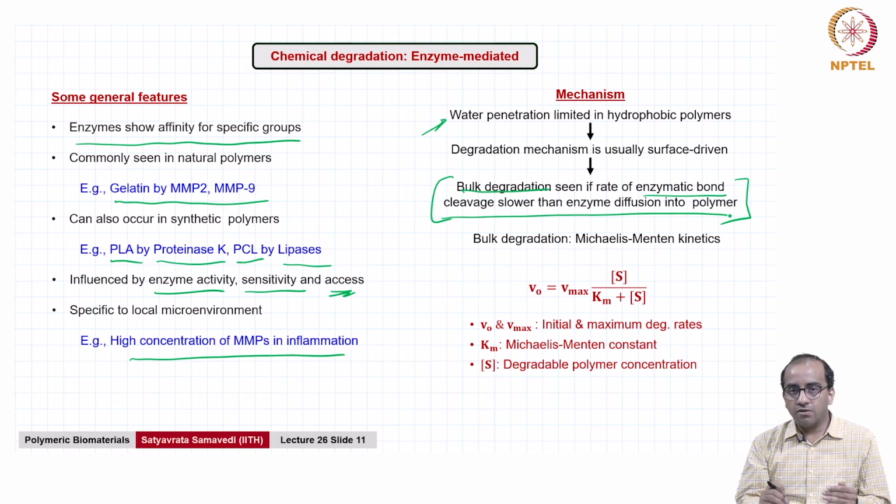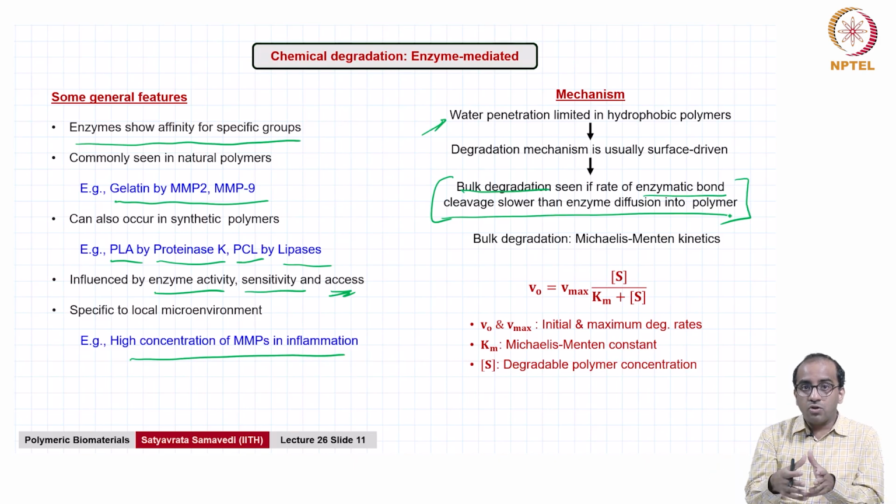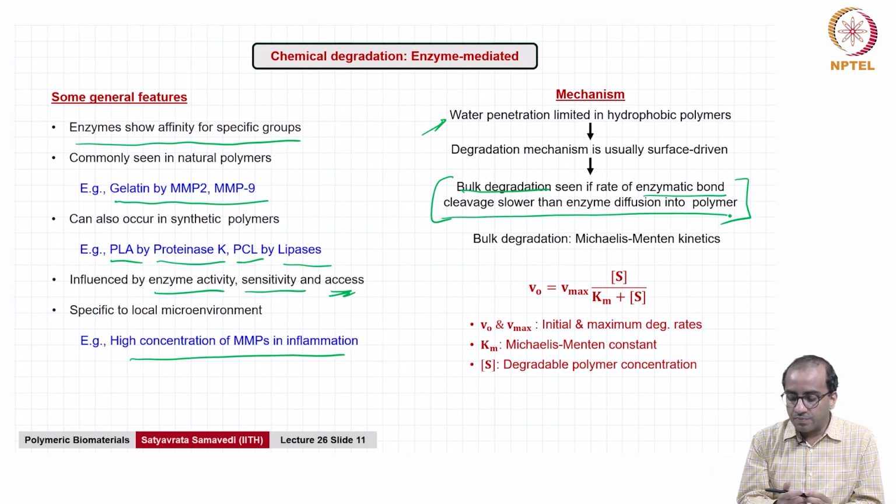If the rate of enzyme entrainment into the material is faster, then you're going to get a bulk degradation kind of a mechanism, right? Whereas if the material starts to degrade right away as soon as in contact with the enzyme, then you will start to see an out to in kind of a degradation mechanism.